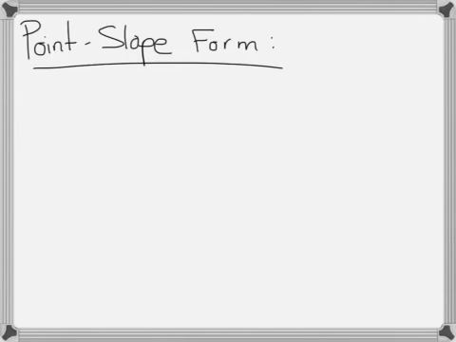So far we've looked at how to determine the linear equation for a function when you're given a graph. But what do you do if you're not given a graph? Sometimes you're just given 2 points. So let's say you're given the points (4, 7) and (8, 4). Then you can use a form called point-slope form. You may remember this from Algebra 1, you may not, but that's okay.